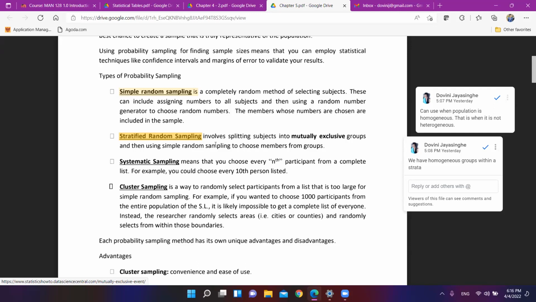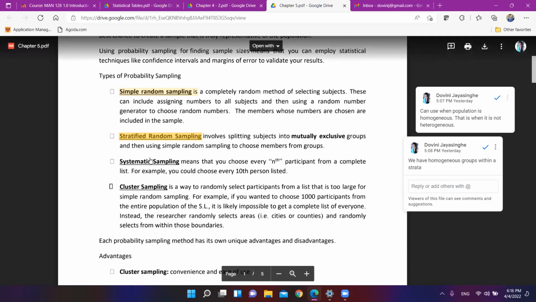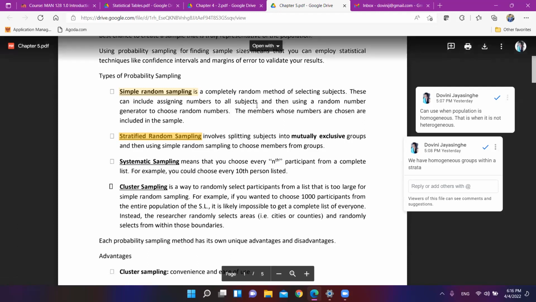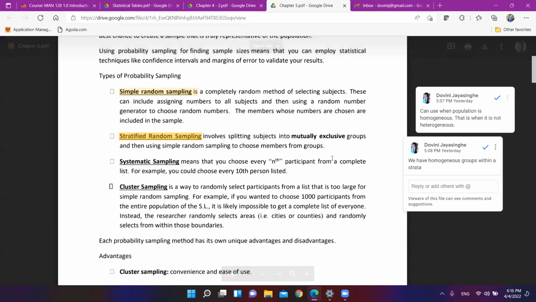Right? So if you have males and females and assume all the other factors are constant, then what you do, you separate the entire population to the male group and the female group, and within the female group you are going to randomly pick a couple of people, and within the male group you are going to get another couple of people.